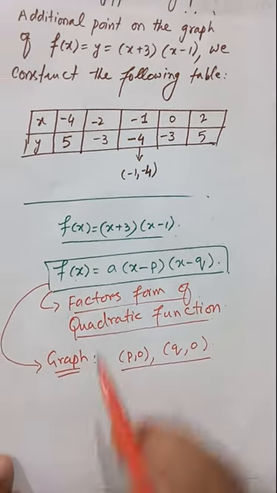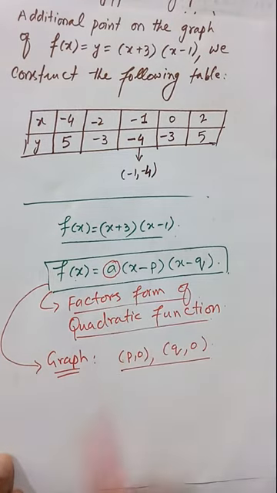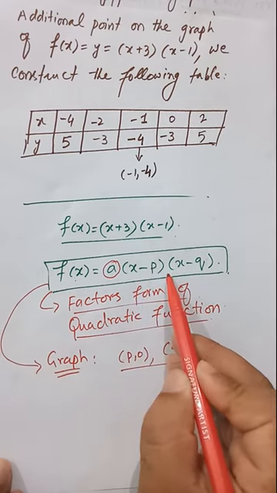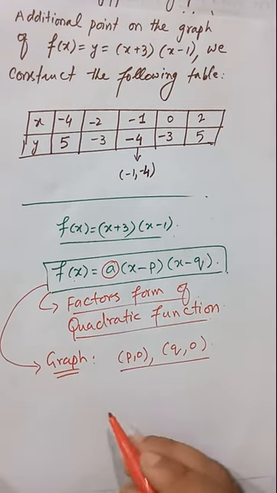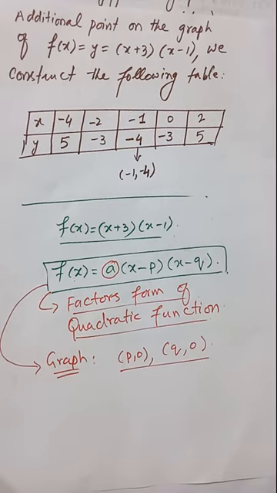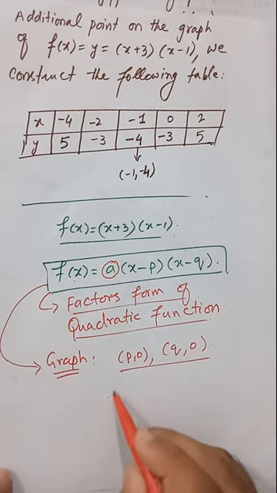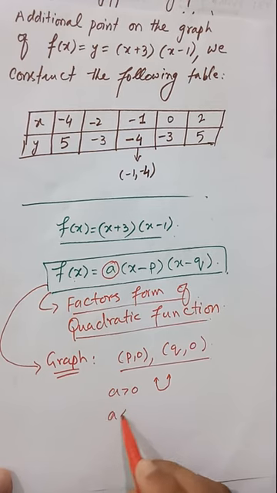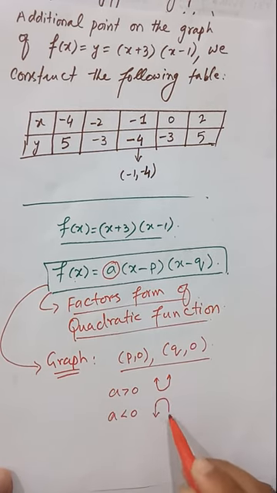And this a, which is in the product with these 2 linear factors, will tell about the shape of the parabola, whether the branches will open upward or downward. So if a is greater than 0, the branches will open upward, and if a is less than 0, the branches will open downward.